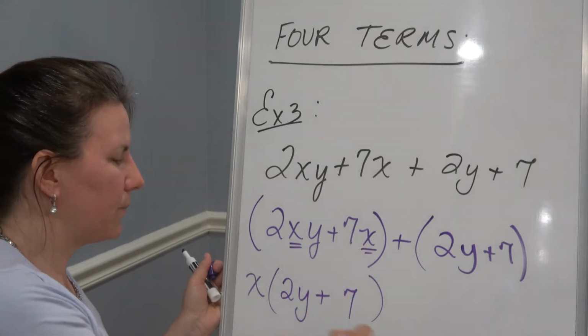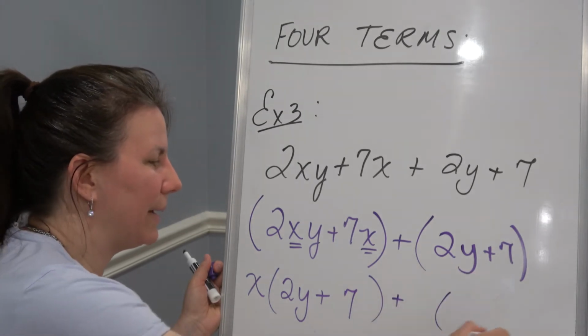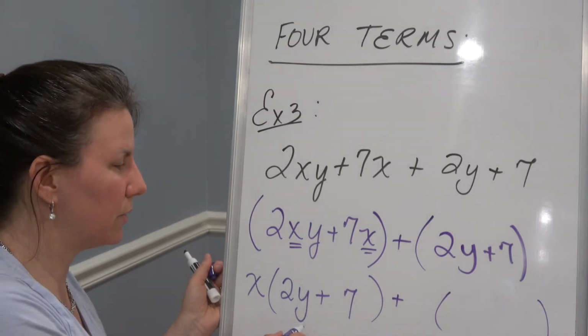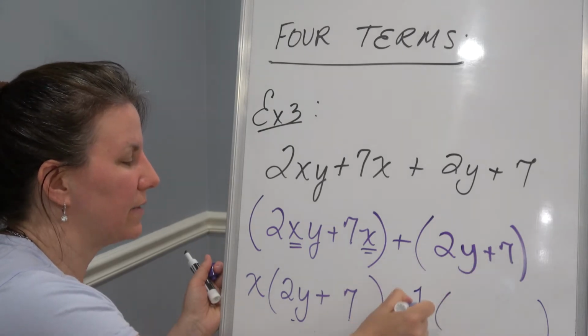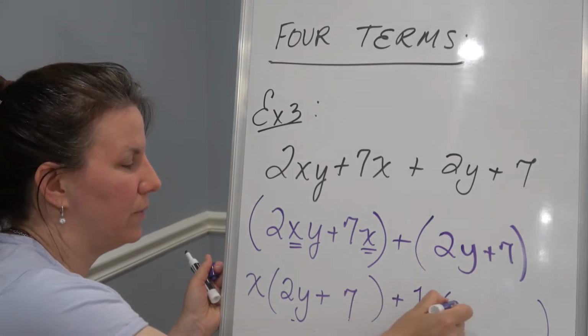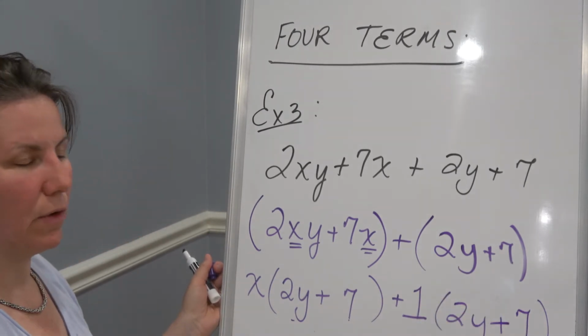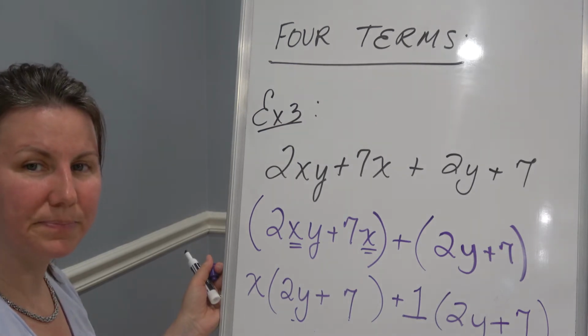And now when I take something out of this grouping, I want to make sure I have the same thing left over. Okay, and I'll show you why. If I were to take out a 1, which is the only thing I can really take out here, I would be left with this same binomial, right? You could always factor out a 1 because 1 is a factor of everything.